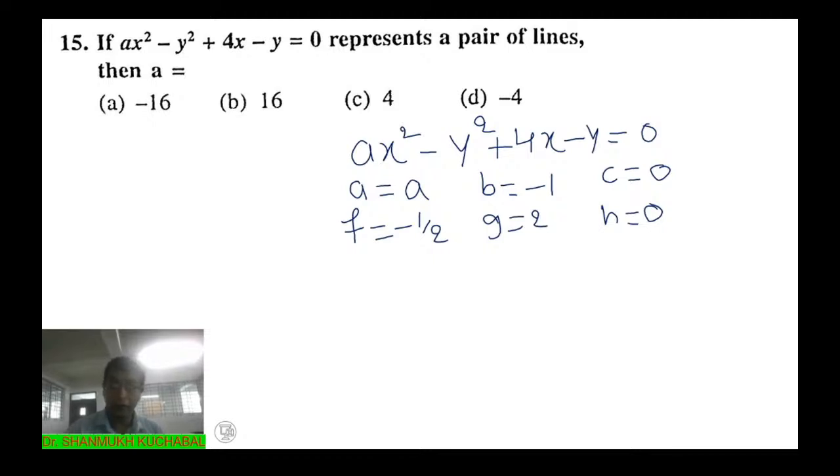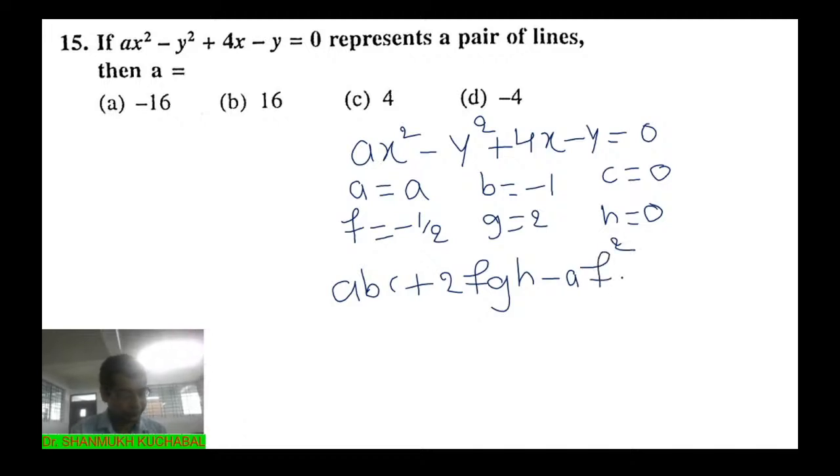Okay, further we have to substitute these values in another equation. That equation is abc plus 2fgh minus af square minus bg square minus ch square equal to 0. Now we'll substitute the values of abc and fgh in this equation.